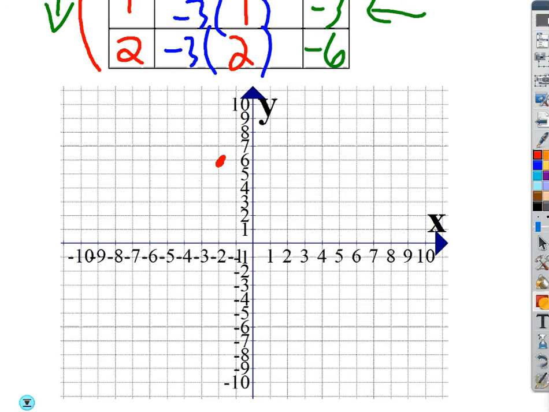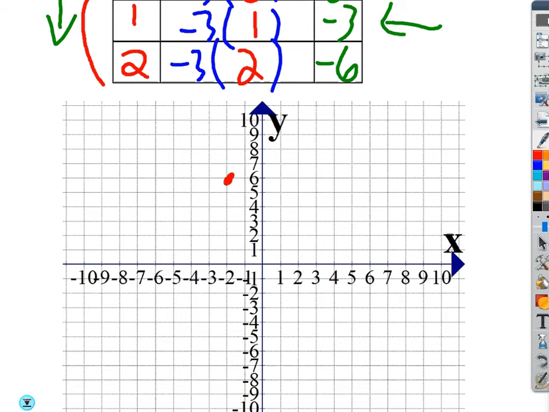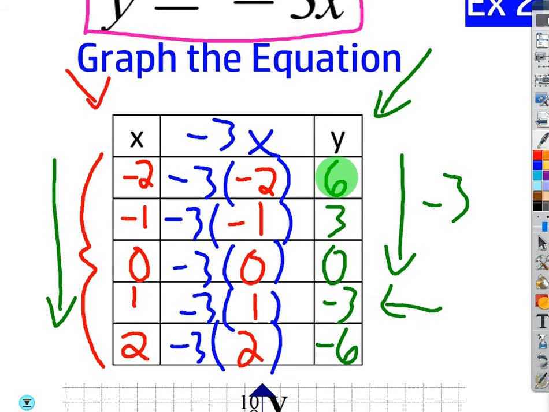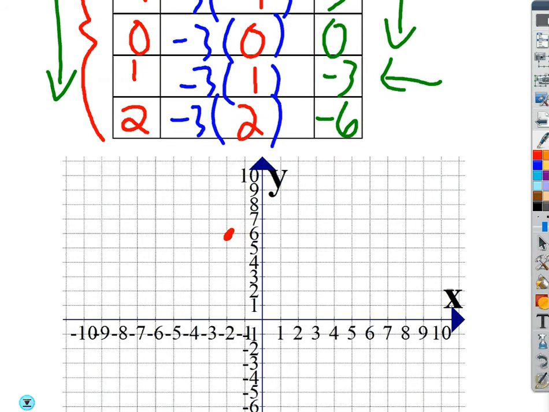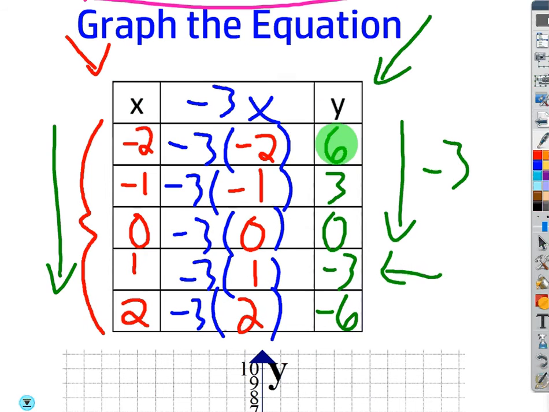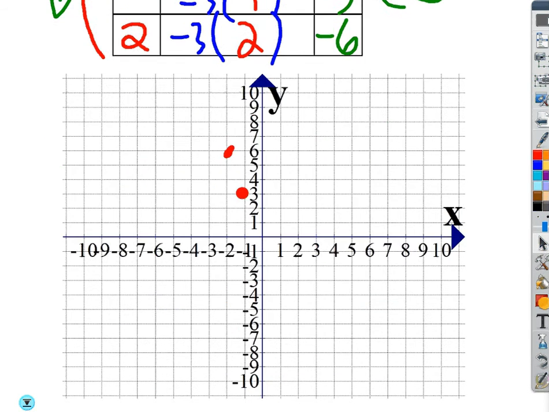On the worksheet from yesterday, you can pick your own numbers, yes. Just try to go from smallest to biggest. All right, next one is negative 1, 3. It's going to go right there. Next one is 0, 0. Now again, you actually only need 2 points, but I'll do 3 just for the sake of example.